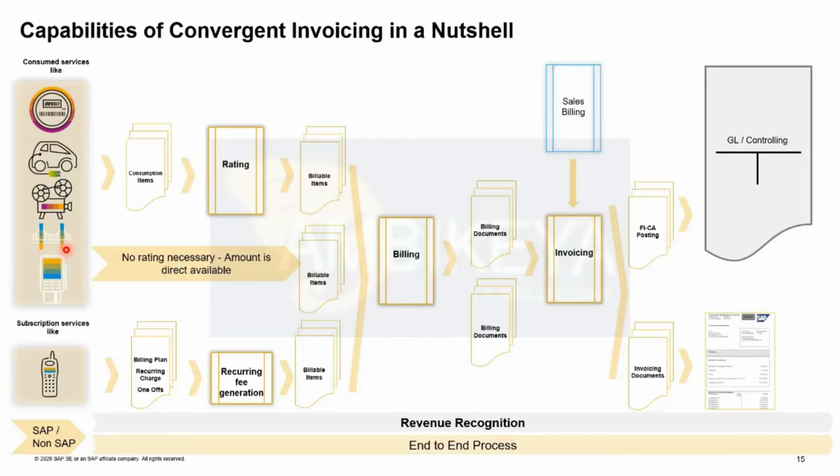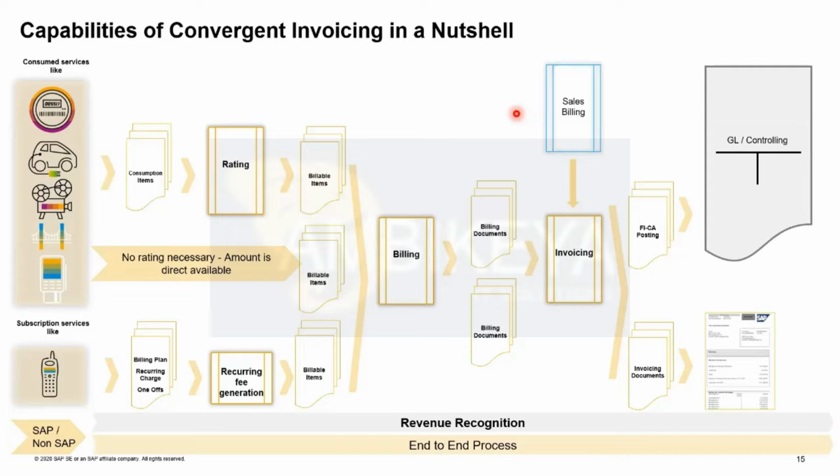And this consumption can be either paid after invoice issuing, so postpaid, or paid immediately with a download of a digital content, a ringtone or a movie or whatever, or it can be prepaid with a purchased bucket of services.